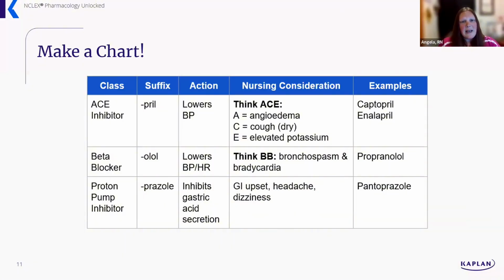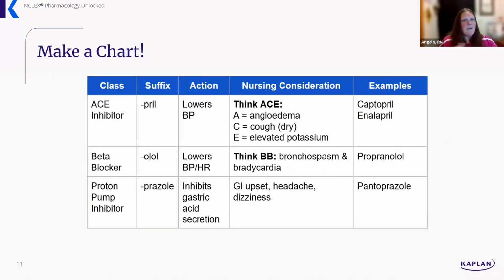So you'll see that captopril is in here, enalapril is in here. Beta blockers, kind of that same idea. Class is beta blockers, names, those OLOLs or LOLs, however you like to phrase it. I've got my action, and again, I'm going to remind myself, beta blocker, BB, those nursing considerations are bronchospasm and bradycardia.